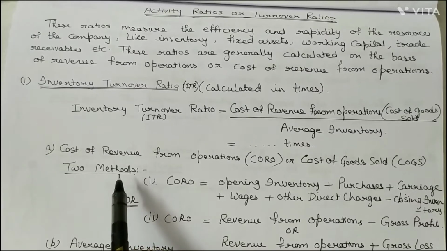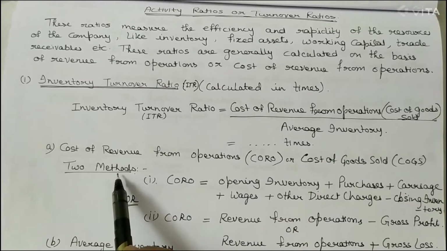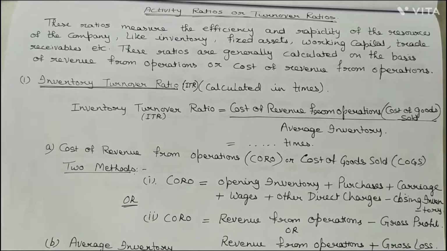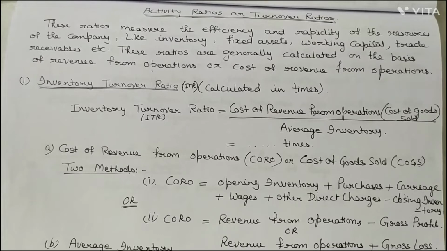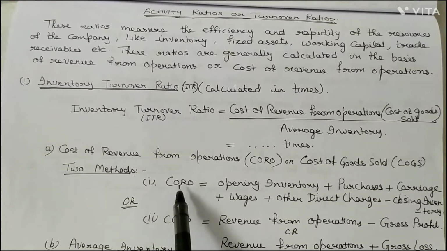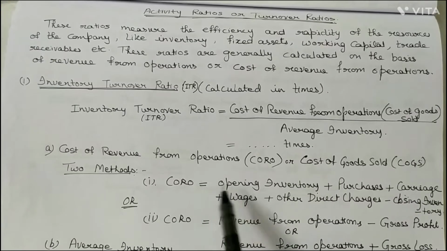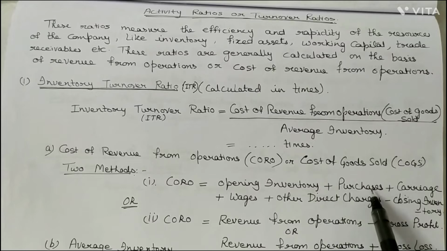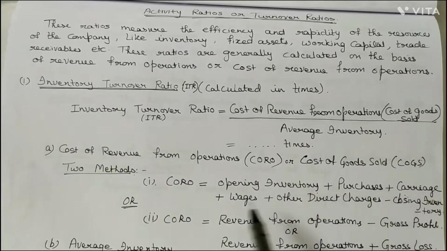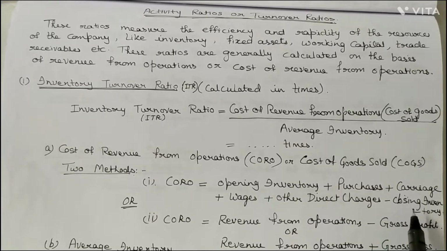If you are given opening inventory, purchases, direct expenses, and closing inventory in the question, then you apply the first formula. Cost of revenue from operation is equal to opening inventory plus purchases plus direct expenses plus wages plus other direct charges minus closing inventory.